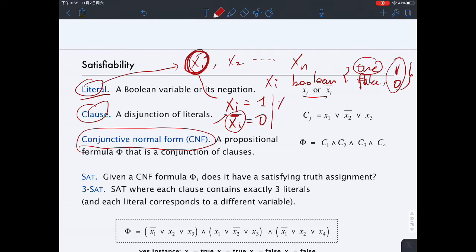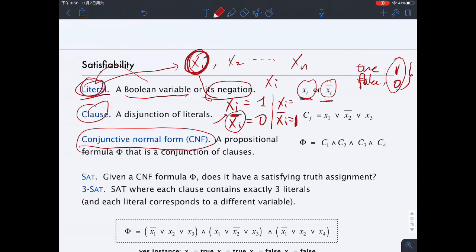Similarly, if xi equals 0, then the negation is 1. A Boolean variable or its negation is considered a literal. So either xi or xi bar, both of them are considered Boolean literals. This is one of the smallest units in the CSP problem.